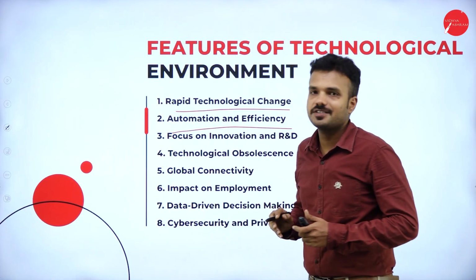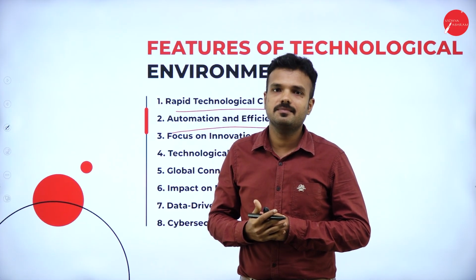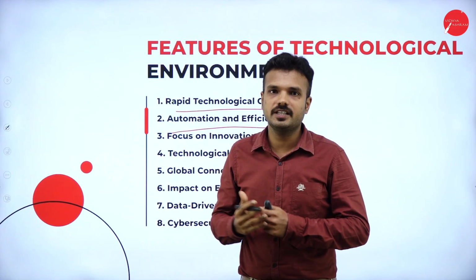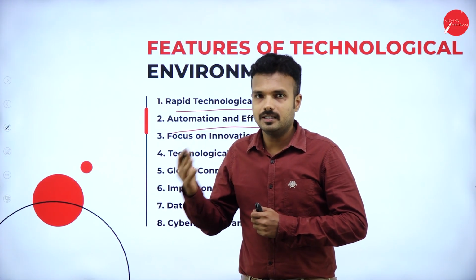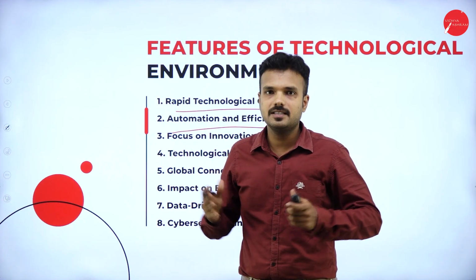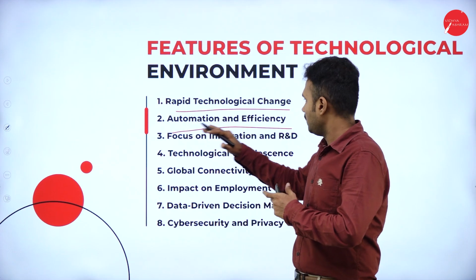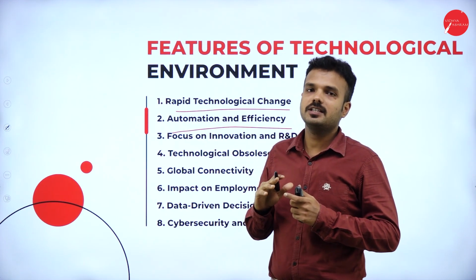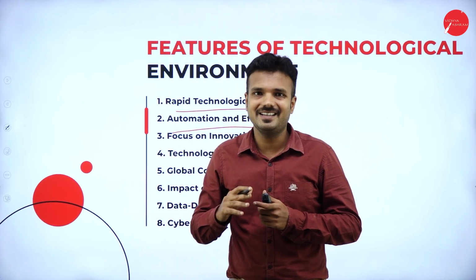Automation and efficiency. Already we are aware of the replacement systems that have been introduced in today's generation with the help of machine learning, cloud computing, and Internet of Things. By utilizing all these things, we have automated the system. If you automate the system, the efficiency gets increased.